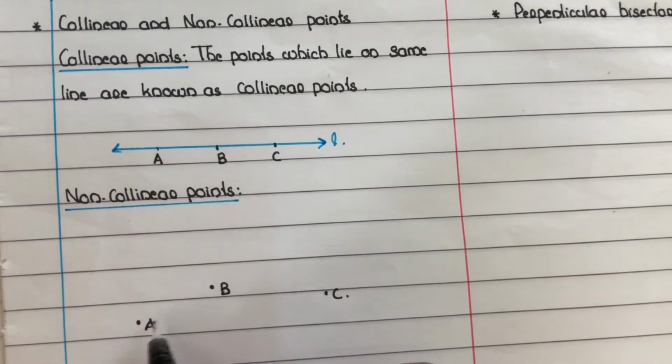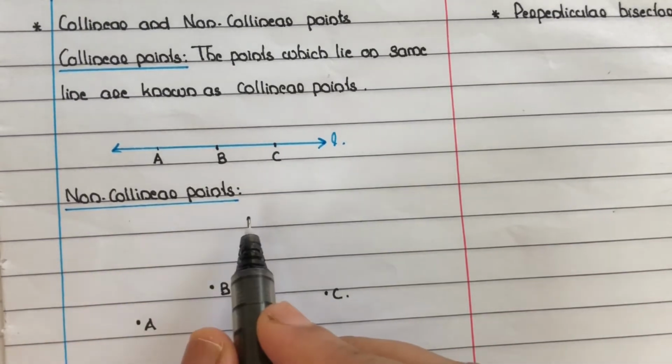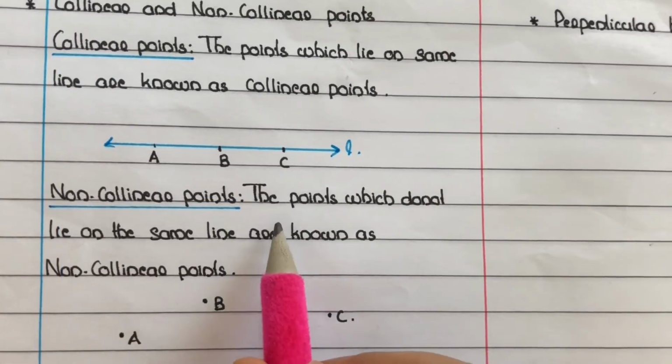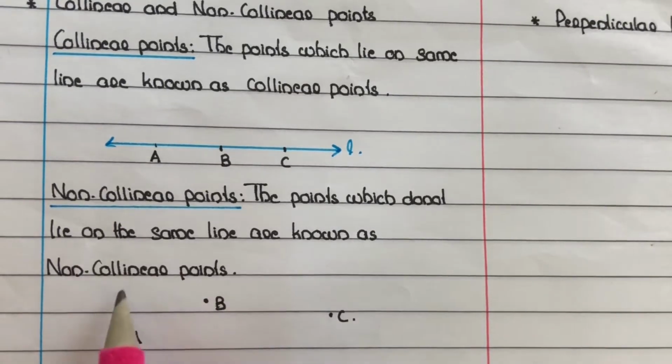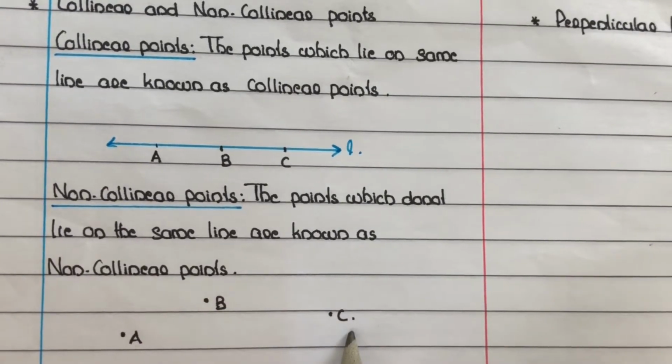So these points are known as non-collinear points. Here A, B and C are non-collinear points.